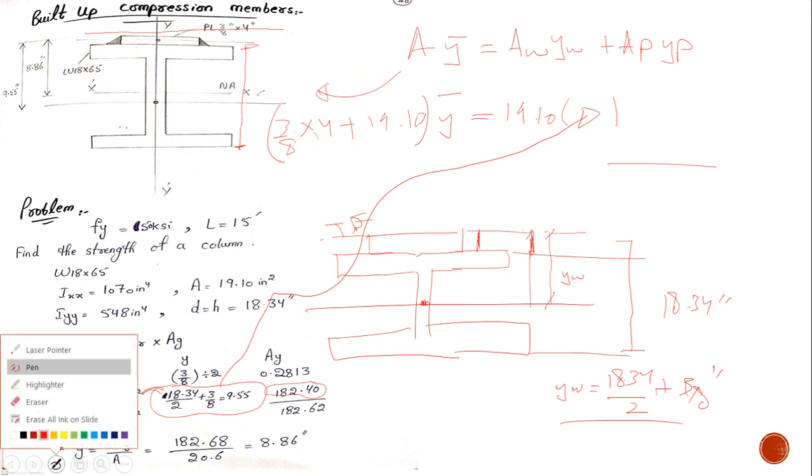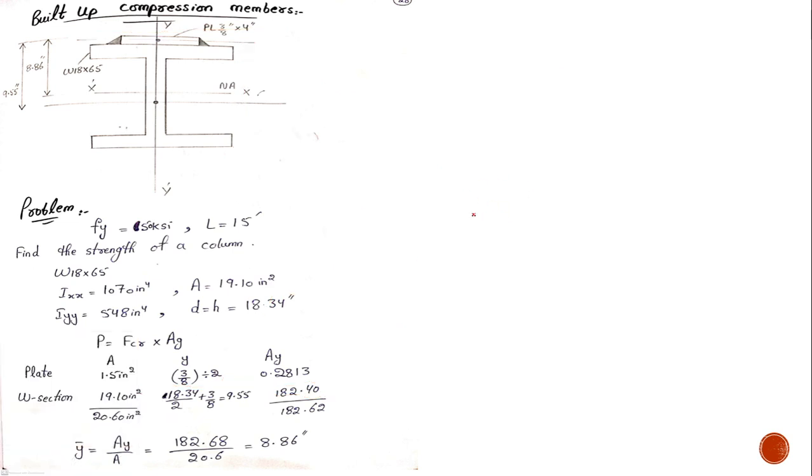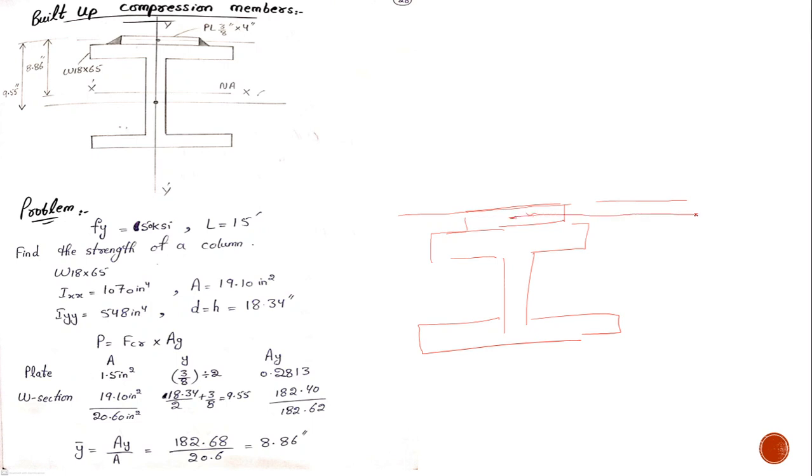Let me erase all things. Now, again that section, that is the built up section. I have selected this top fiber, and the centroid of this plate would be lying somewhere here, YP. What would be the centroid of this plate?